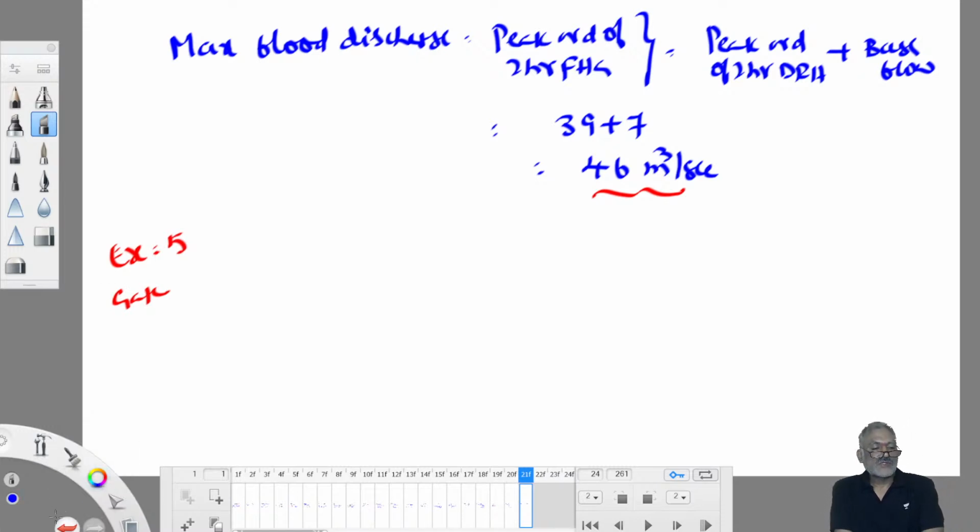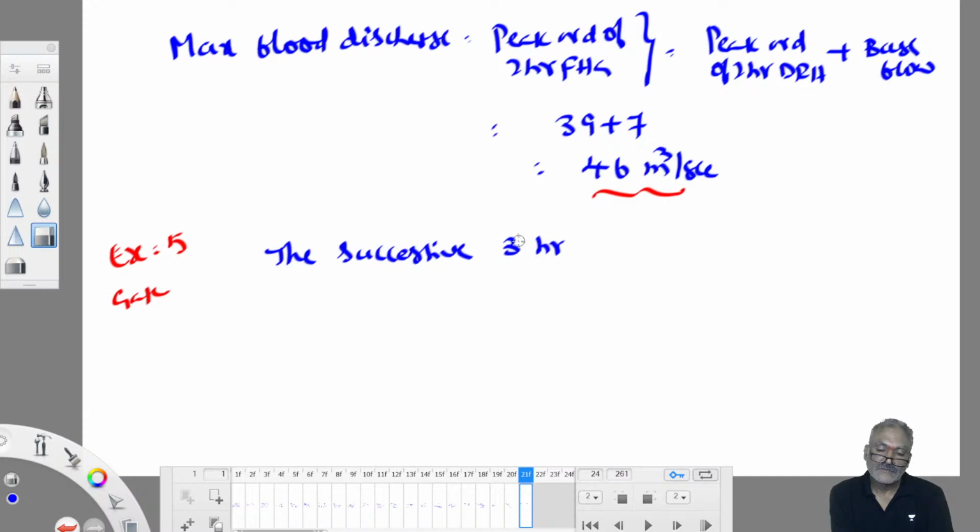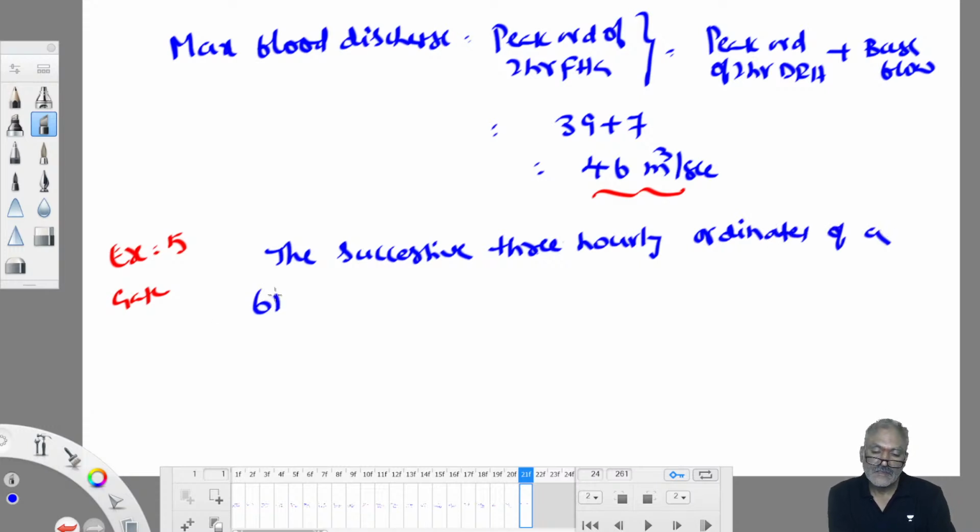Of course, that time they used to ask a 5-hour question. These are the successive three-hourly ordinates of a 6-hour unit hydrograph for a particular basin.